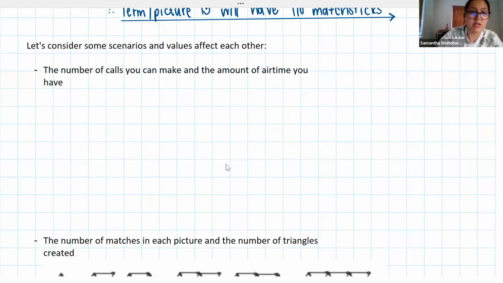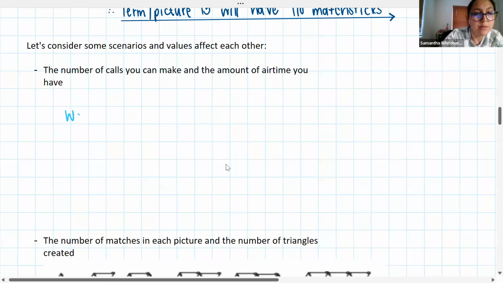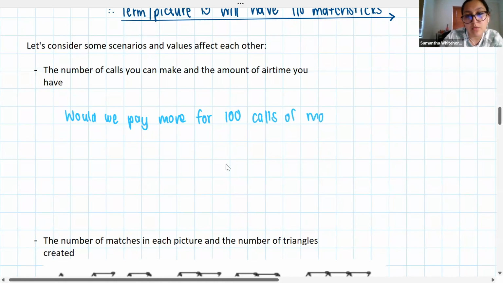So I'm going to try and write my question out. So would we pay more for 100 calls or more for 50 calls?